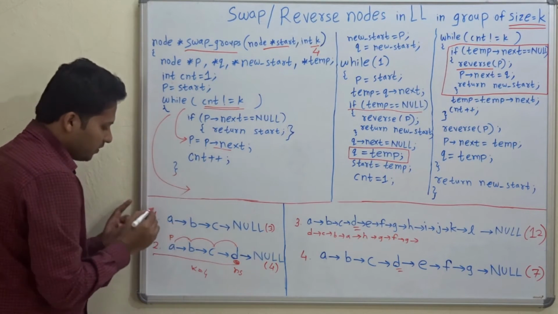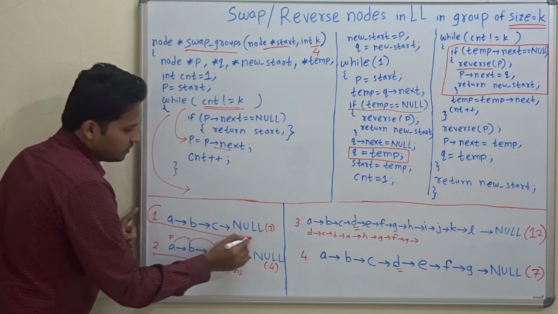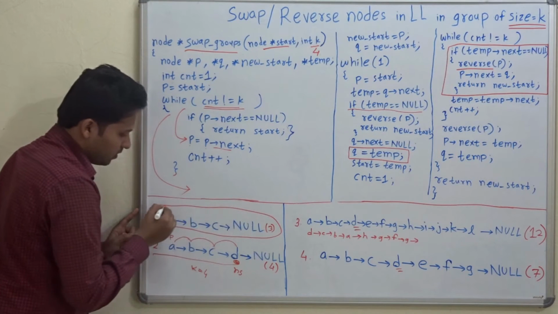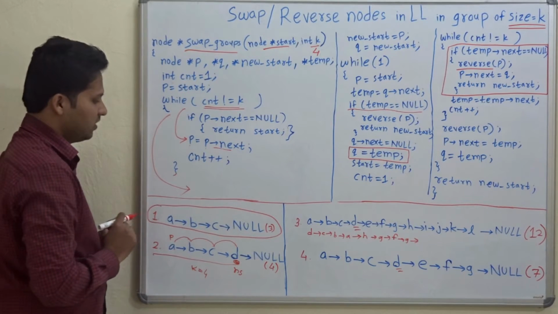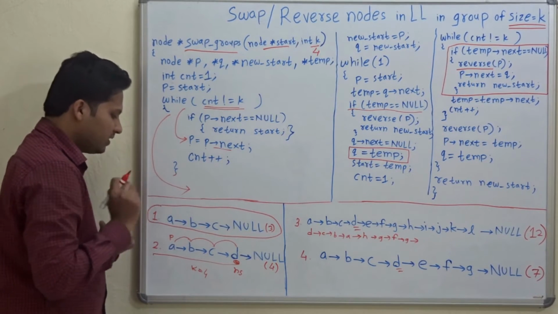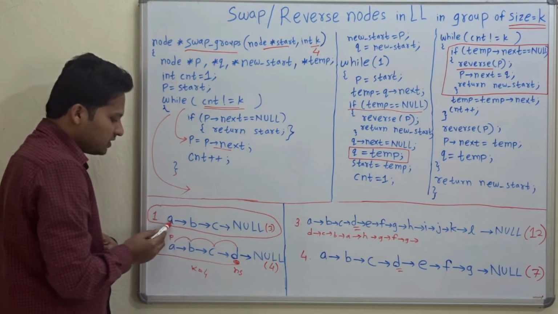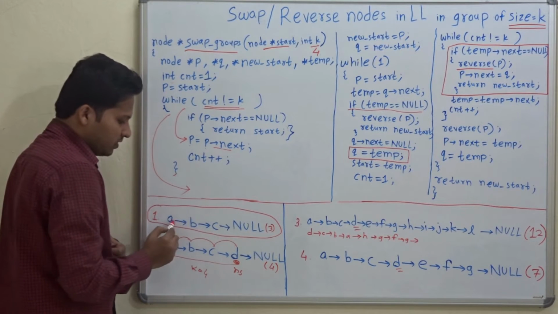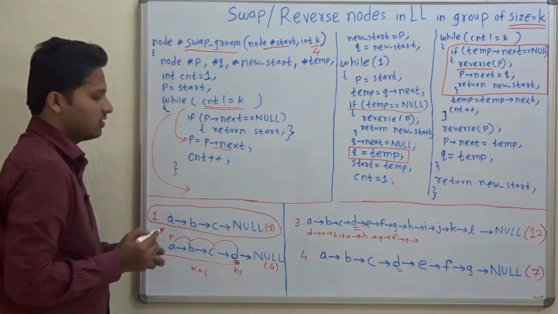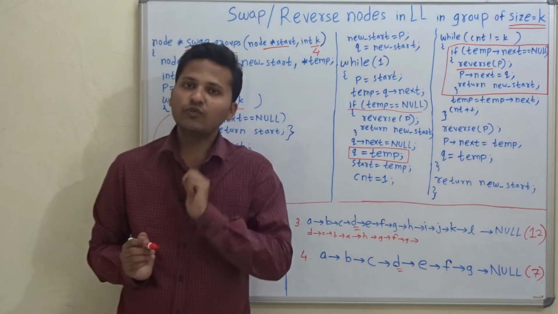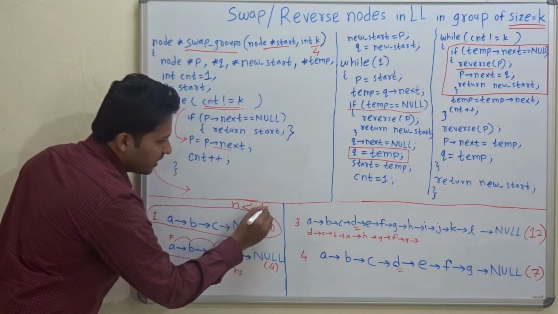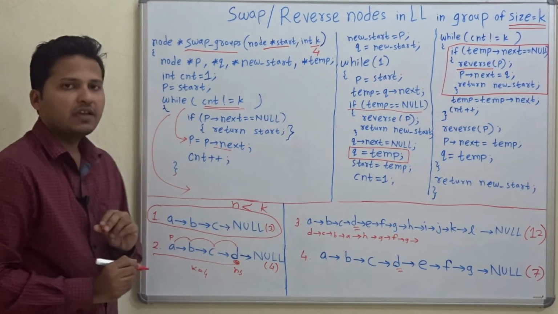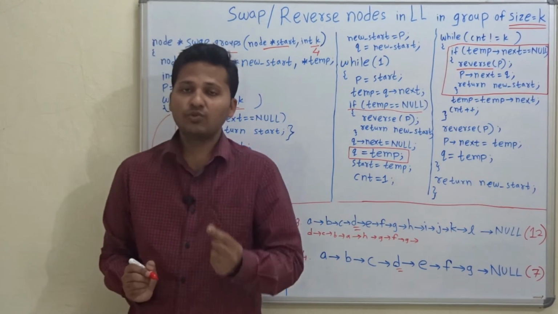Now the first example here does not satisfy this condition. You can see the length of this linked list is 3. There are only 3 nodes in the linked list and our k is equal to 4. So the length n is less than k, which is why we cannot go to the kth node.